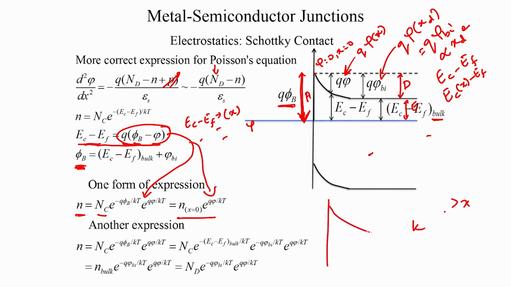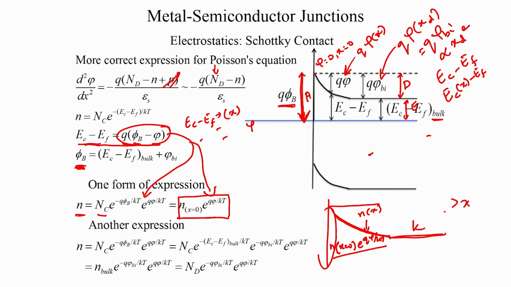So, if you say this is the depletion region and I want to get an expression for n at some x, what we are saying is it is the n at the interface, that is n at x equal to 0, times e to the power q phi by kT, which means as phi increases n increases, which is expected because the interface has got very little n, and as phi keeps increasing n increases till it approaches the bulk concentration. So, now I can use this expression.